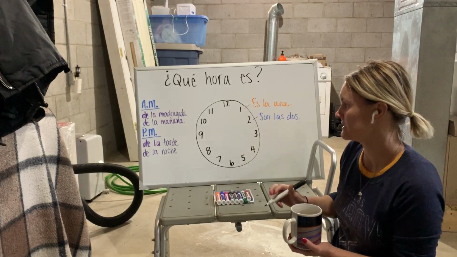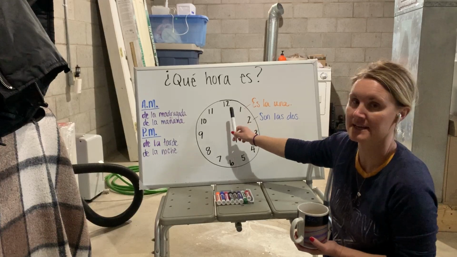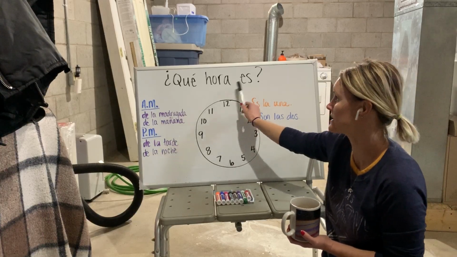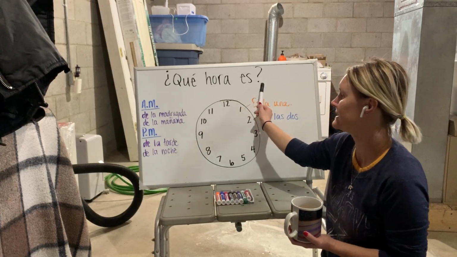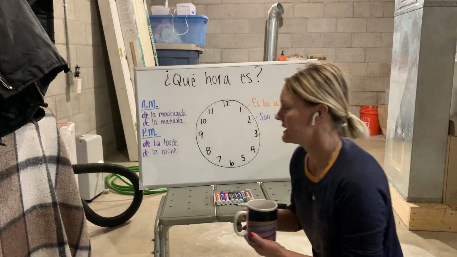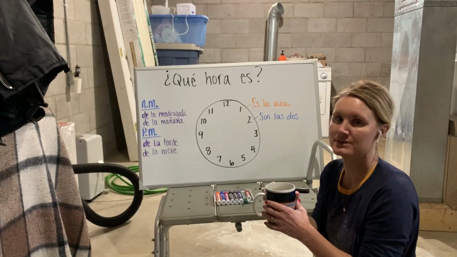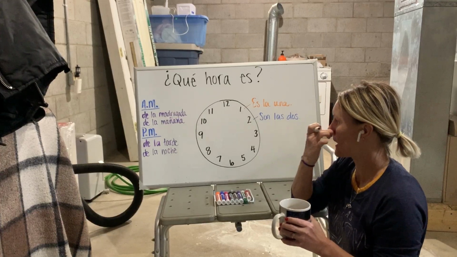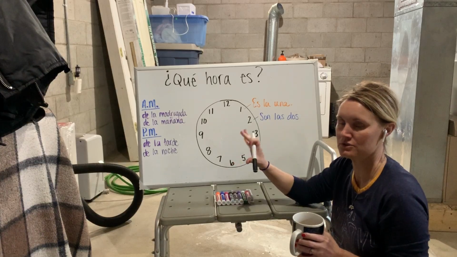So anyways, with time, the big question that we learned how to ask and answer was ¿Qué hora es? Which means, what hour is it? What time is it? The good thing is, when you're telling time and it's just an hour, there's no minutes.